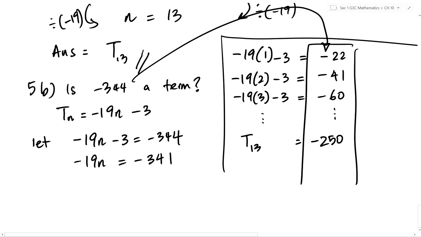Okay, so far? What should we do next? Divide by negative 19. We are trying to find the value of n. Okay, negative 341 divided by negative 19. Oh, look at what I got. 341 over 19. What does this tell me?